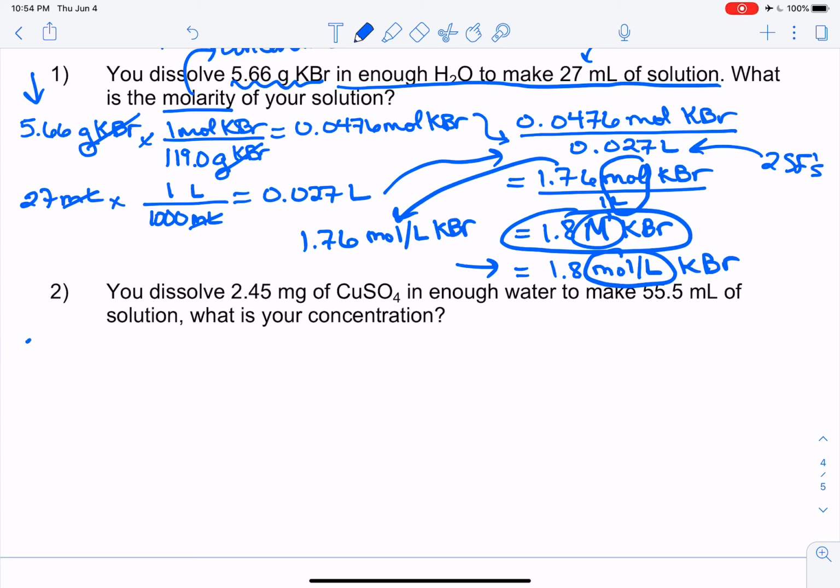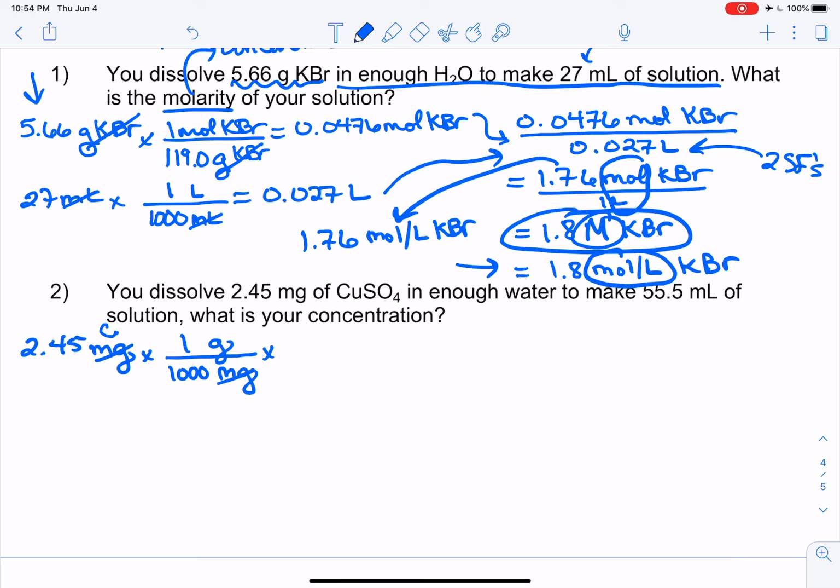Okay, so usually we go grams to moles, but this time we have milligrams. Can we get to moles? Yes, we can, because we know how to go from milligrams to grams. And how many milligrams are in a gram? 1,000. Okay, so milligrams cancels out.